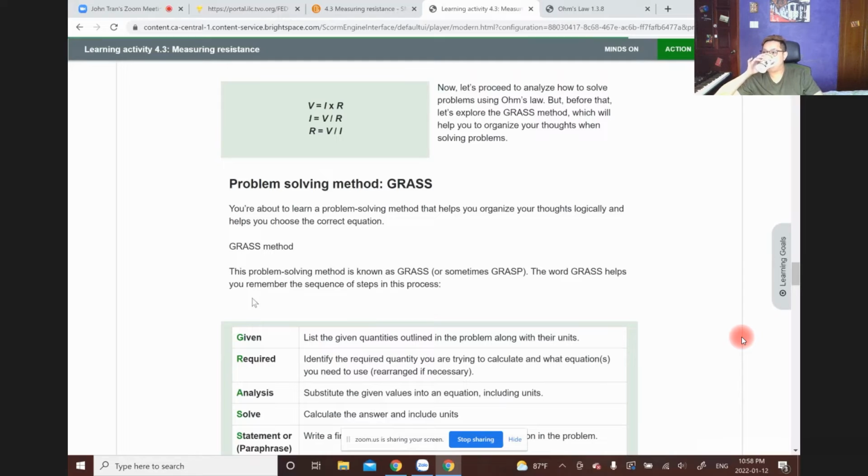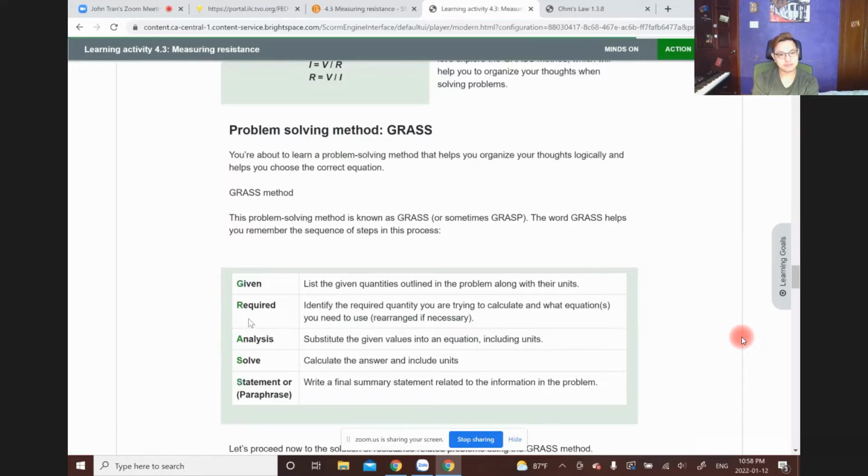The word GRASP helps you remember the sequence of steps in this process: Given, Required, Analysis, Solve, Statement, or paraphrase. Okay, let's read it.